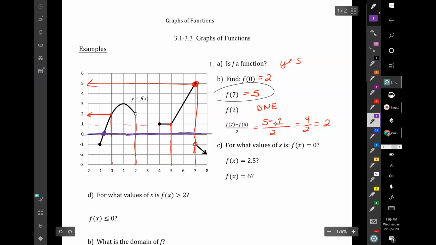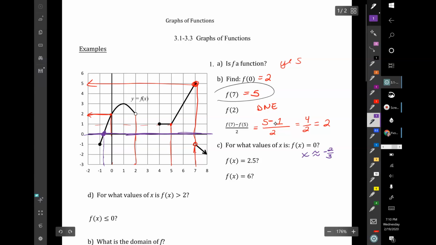Looks like right there. And then I travel down to find my x value. Now it's a little hard to tell exactly. I'm going to write it as a fraction, maybe negative 2/3. So I'm going to say x is about negative 2/3.